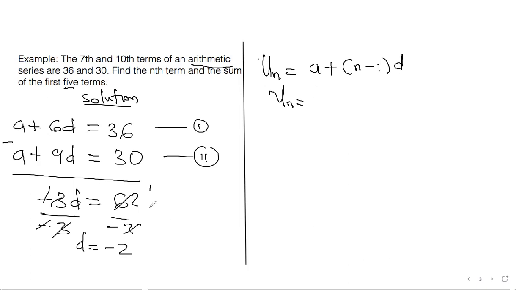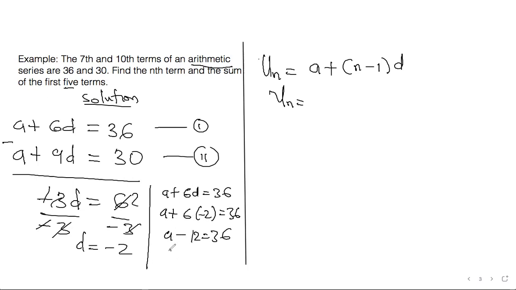From equation 1, A plus 6D equals 36. If I substitute D as minus 2, A plus 6 times minus 2 equals 36. A minus 12 equals 36, so A will be 36 plus 12. So A is 48. The first term of that series is 48.